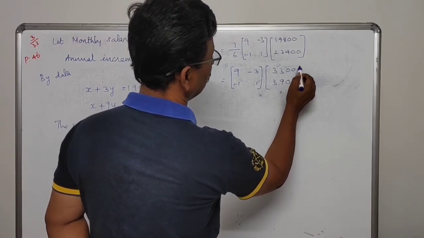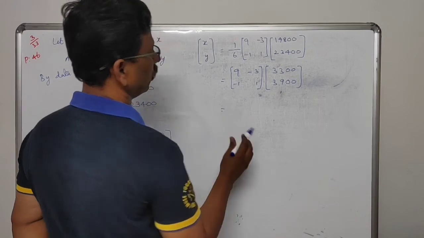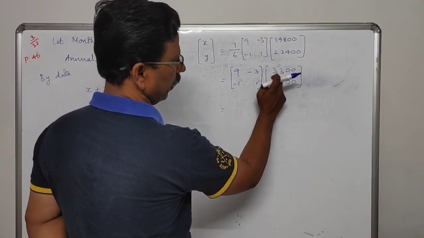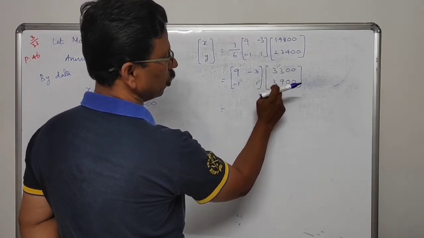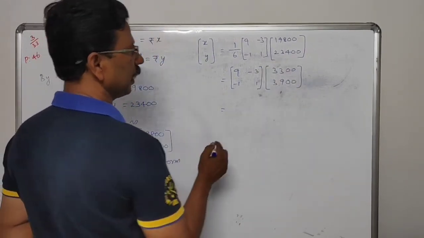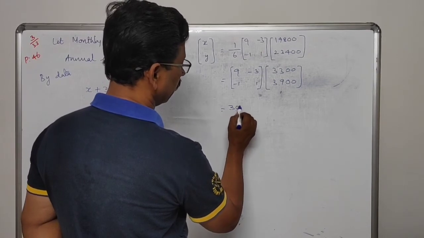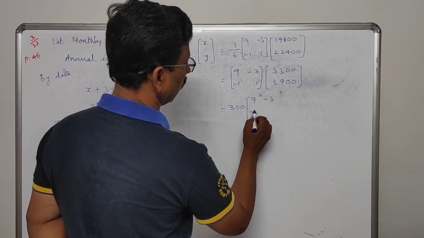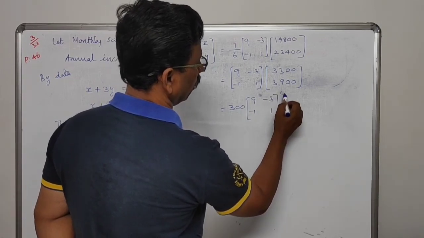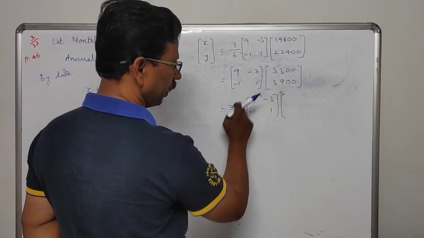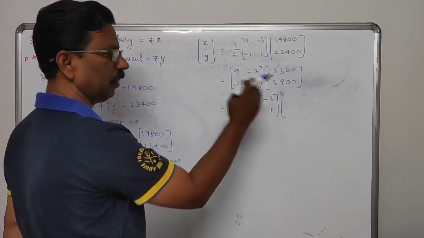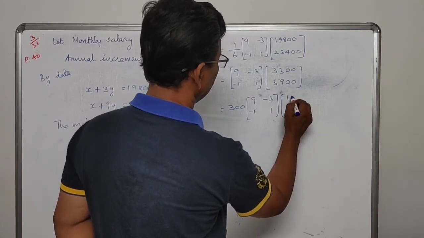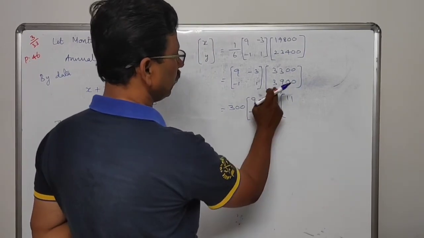Again, these two are large numbers. Both are divisible by 300, so you can take 300 commonly outside. You can take 300 into 9, minus 3, minus 1, 1, because without taking 300 outside you could also multiply, but since it is a large quantity, we simplify. Taking out 300, we get 11 and 39 divided by 3 means 13.